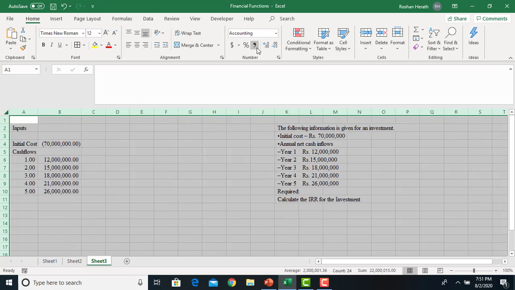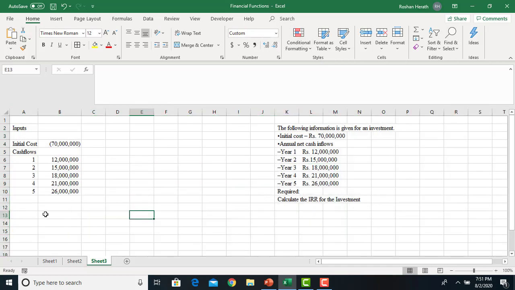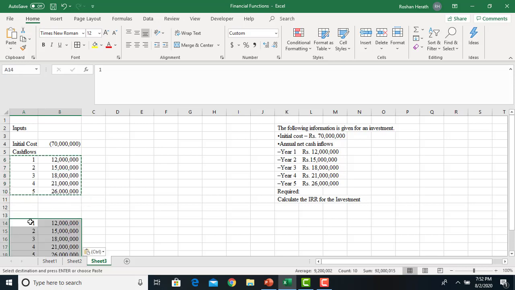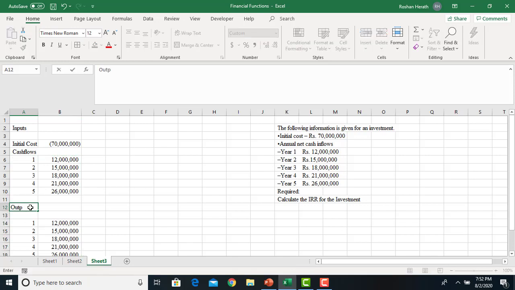Then let's improve the readability as well. Now you can take your output, or even copy all this information, and I would arrange it in a vertical way.